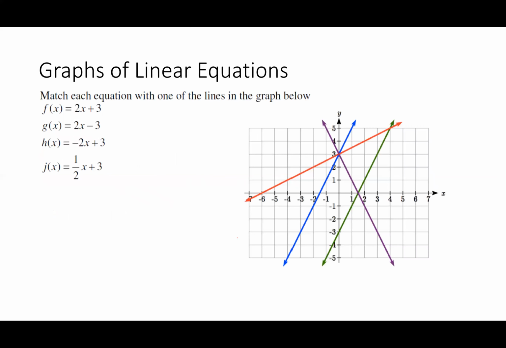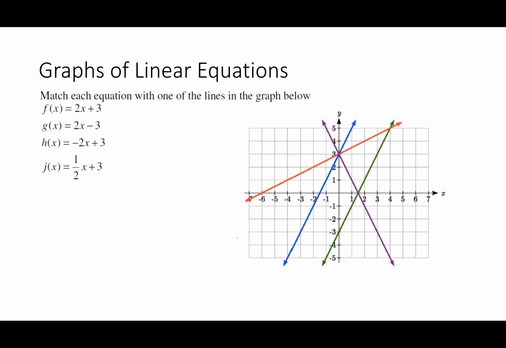So first, we're going to take a look at these four different linear equations. Each one of them has something different between them pairwise, either a slope or a y-intercept. And as we look at these a little bit closer, we can see their differences and what that tells us about slopes and y-intercepts of linear equations in general.